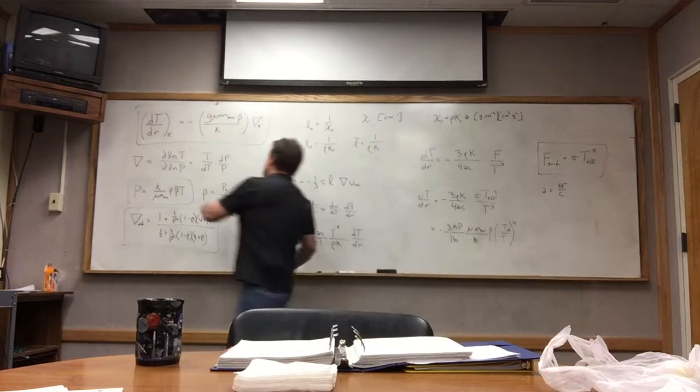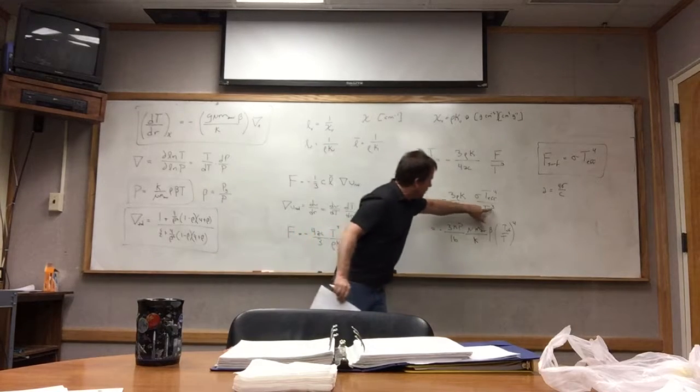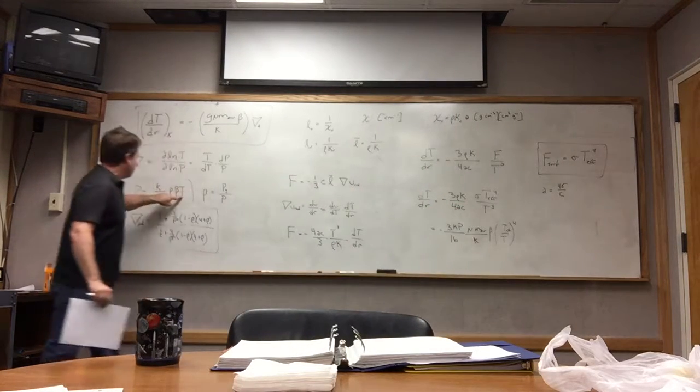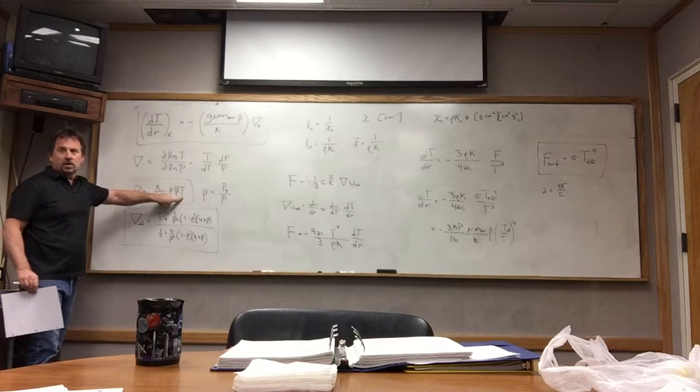This was T cubed, now it's T to the fourth. That extra power of T came from solving for rho out of the equation of state.